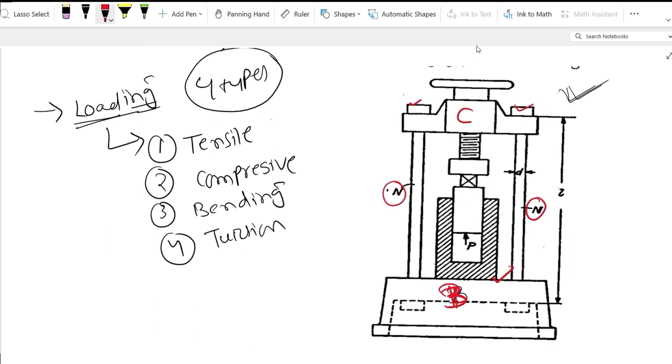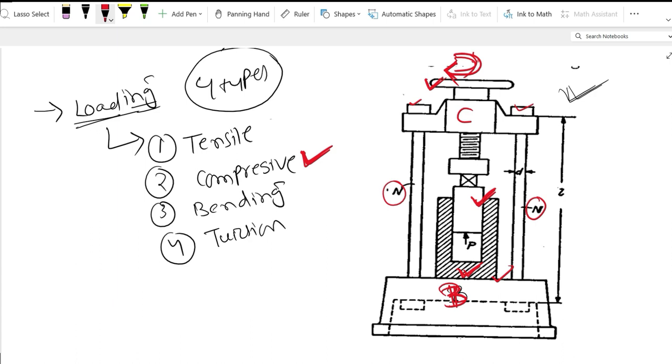When we rotate this handle, by this action, this specimen and this bottom portion undergo compression, and that happens because of compressive type of loading.